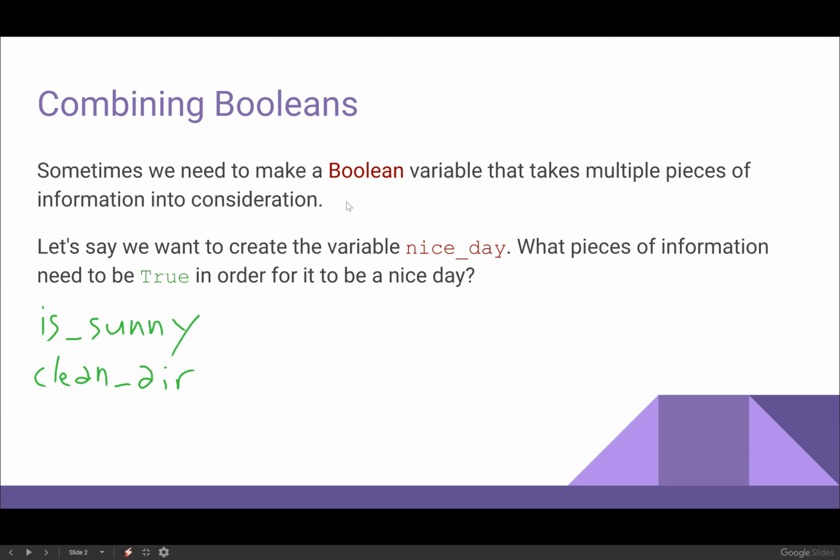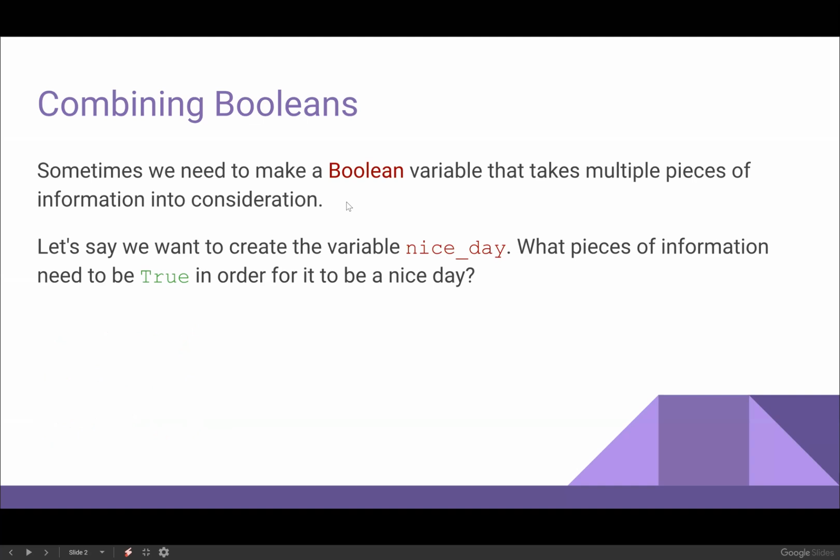But that's not really true false. So we can just say, is it a good temperature, yes or no? So good temp, right? All right, so those seem like some pretty good qualities to think about. Now, throughout our lesson, or at the end, we'll talk about how we can actually make our nice day variable with these three values.